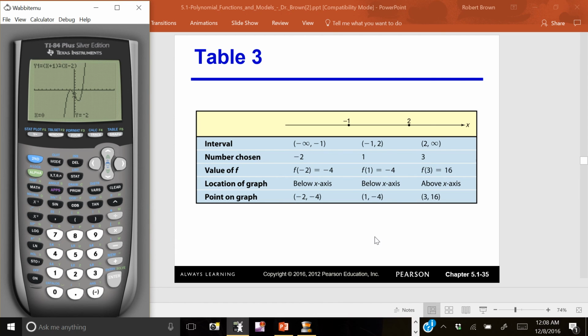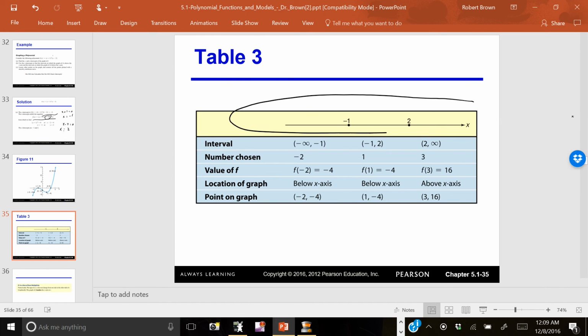Now, notice the zeros were at minus 1 and plus 2. So we can break the line up into 3 intervals, 1, 2, and 3. The first interval is minus infinity to minus 1. The second interval is minus 1 to 2.